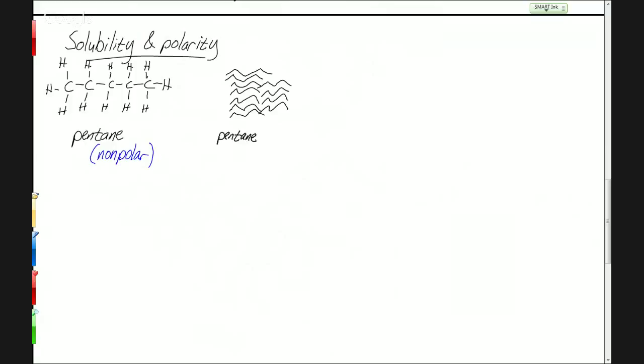So here's pentane molecules stuck together with dispersion forces.